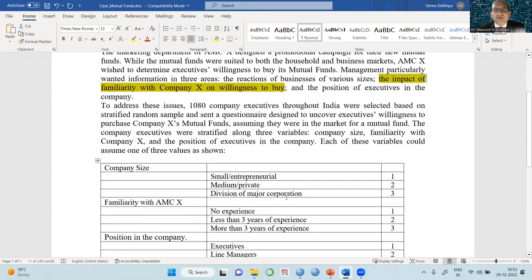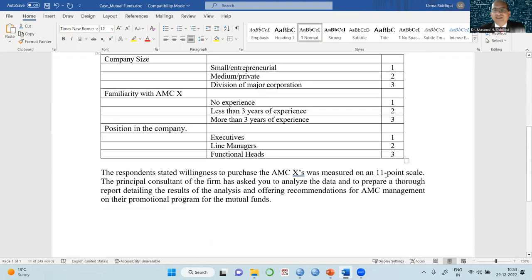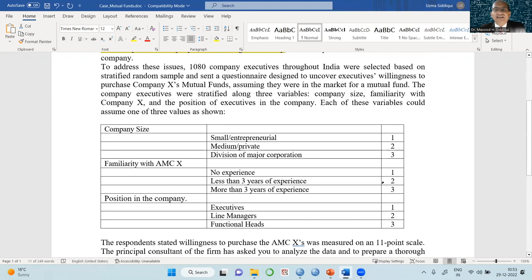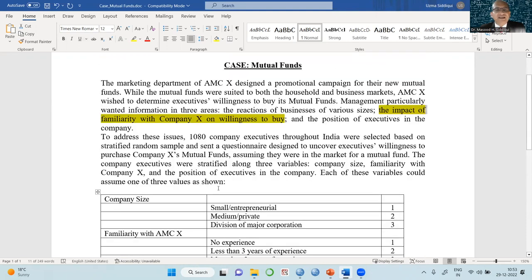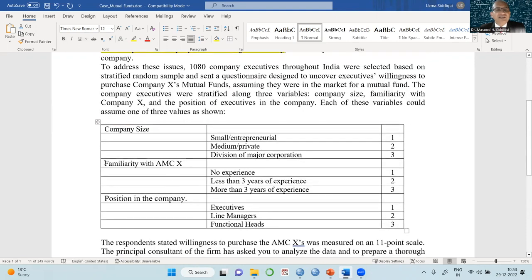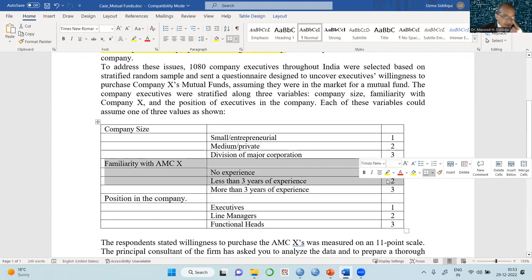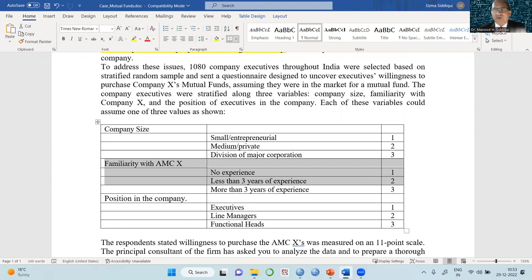So one variable, willingness, is a metric variable measured on an extended Likert scale, and the other variable, familiarity, is a categorical variable with three categories: one, two, and three. So one variable is metric and another is non-metric. If both variables are metric, then for the relationship we can always use regression analysis.